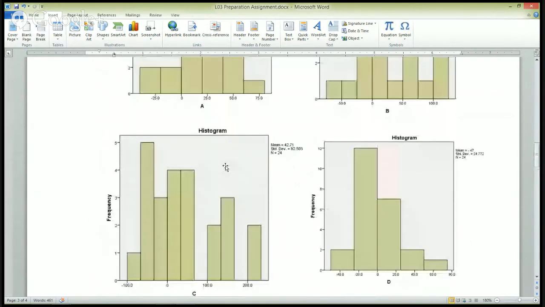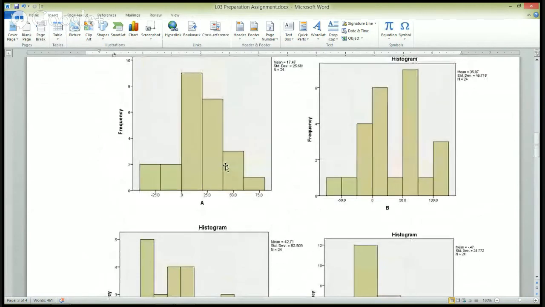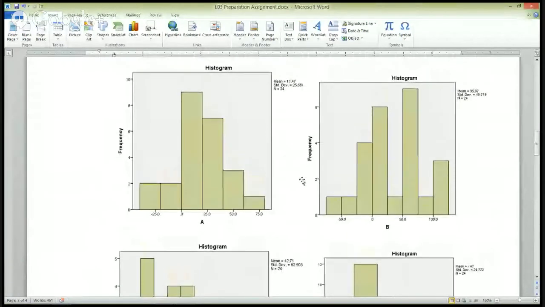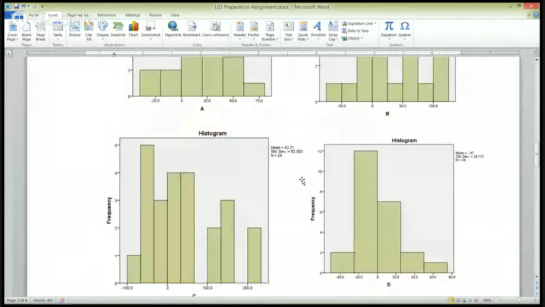So I would still go with A then, because the standard deviation is pretty small, but your mean is still decent. They show a little bit better profit, or are more stable.